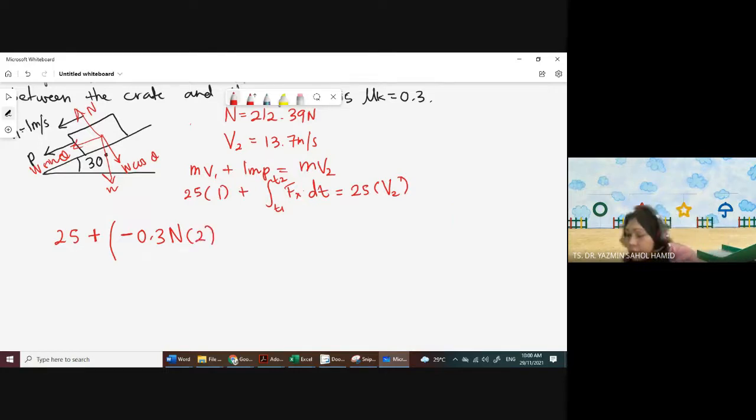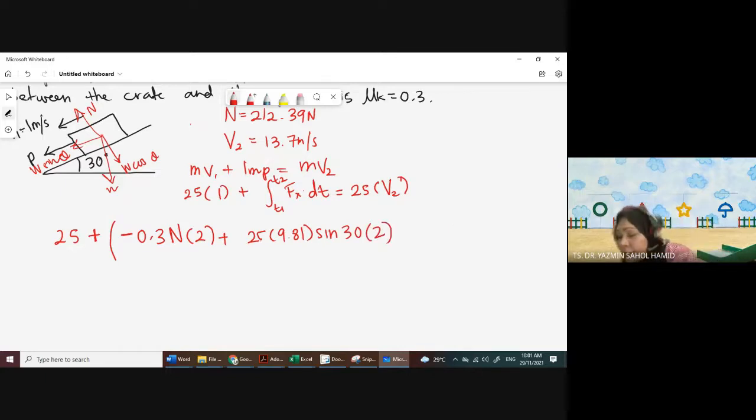Apa lagi kita ada? Selain daripada friction, kita ada weight, betul tak? In the direction of the weight, ya tak? Maksudnya positif ke negatif? Positif lah kan? W, mg sin 30. Jangan lupa kali 2 seconds.